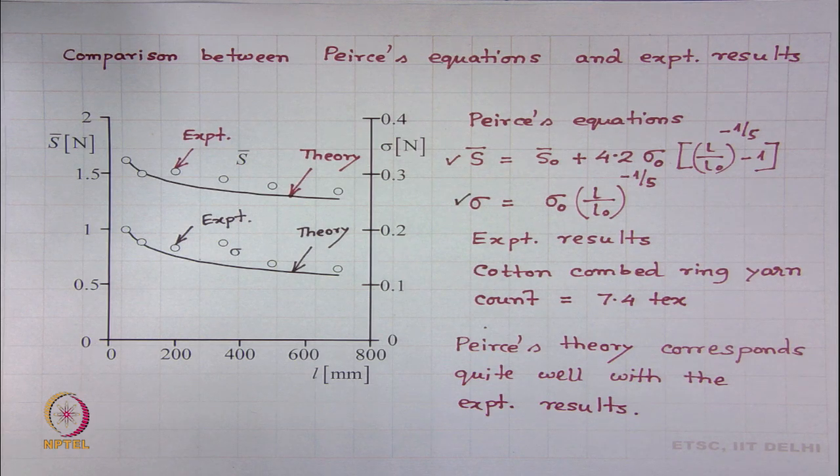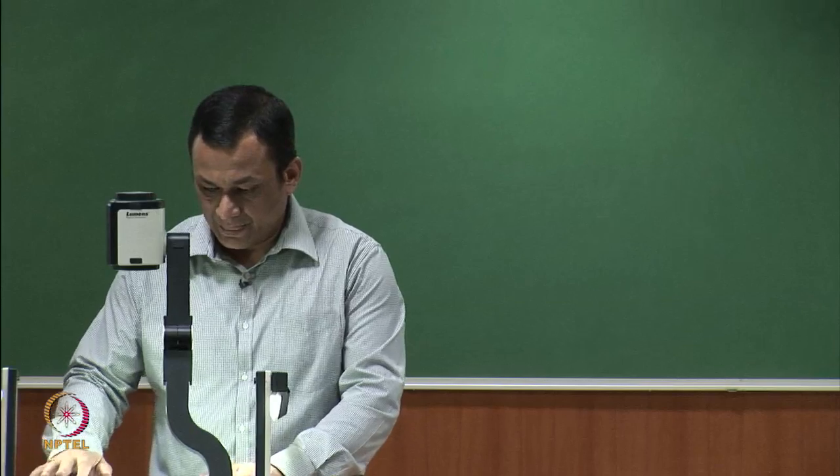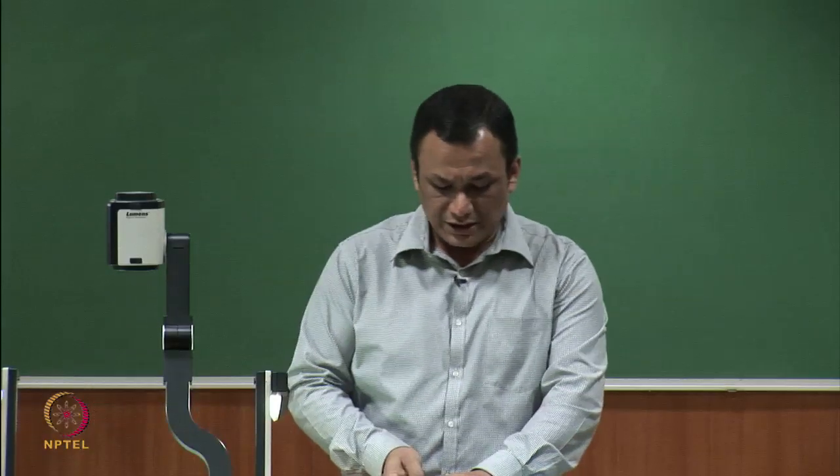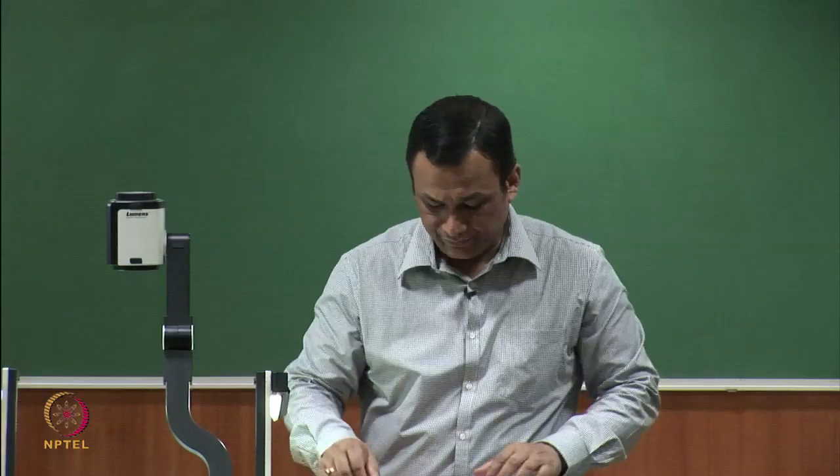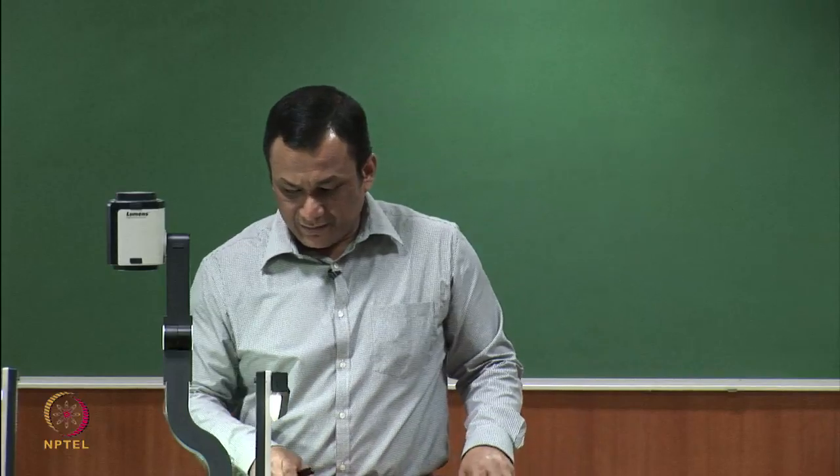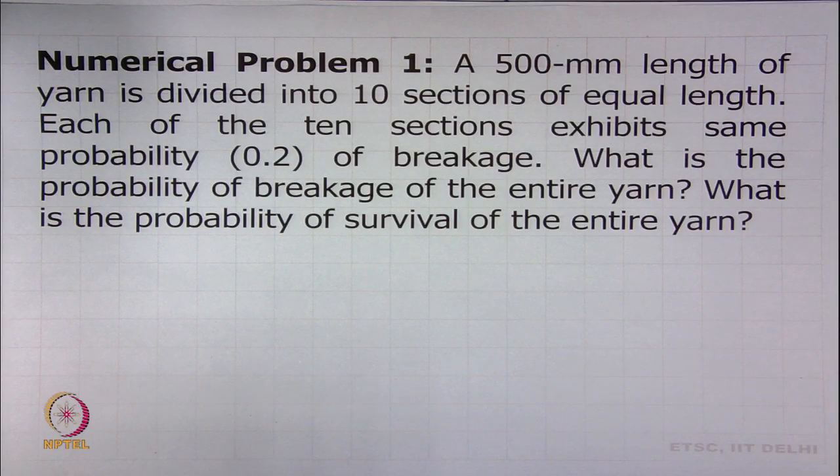Now, we will solve a few numerical problems related to Peirce theory. This is the first numerical problem. This problem reads as follows: a 500 millimeter length of yarn is divided into 10 sections of equal length.